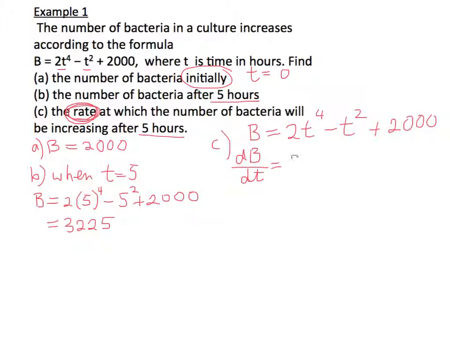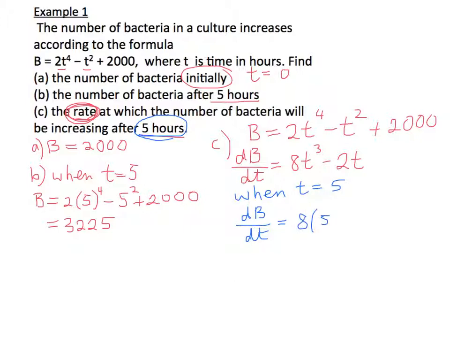Differentiating that expression, you get 8t cubed minus 2t. And this particular question is asking for what the rate is when t equals 5. So when t equals 5, we just need to substitute that into our first derivative, which is our formula for the rate of change of the number of bacteria per hour.